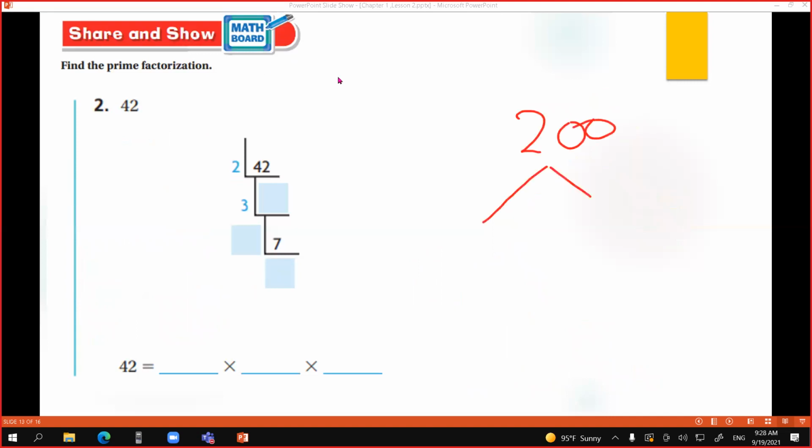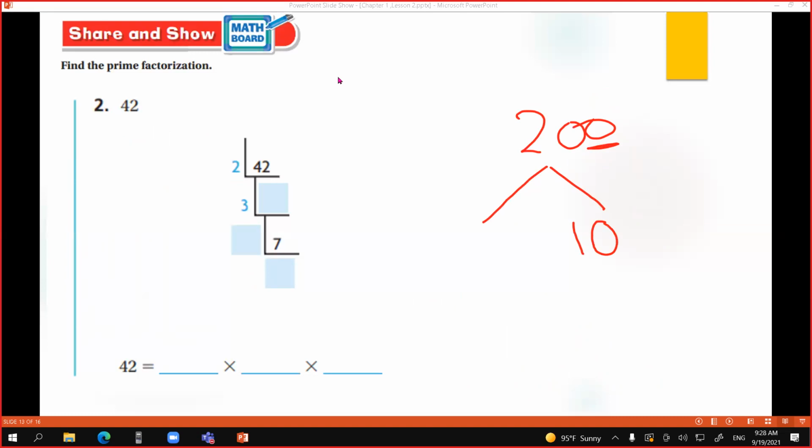Now, give me two factors that multiply to 200. Since it ends with 0, one of the factors is 10. When it ends with 0, it can be divided by 10.